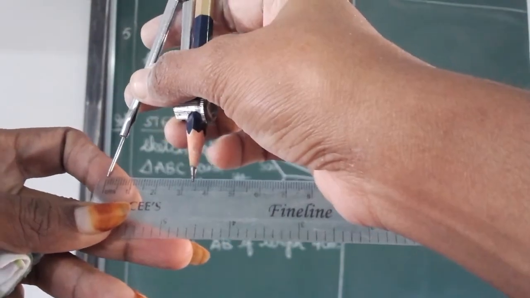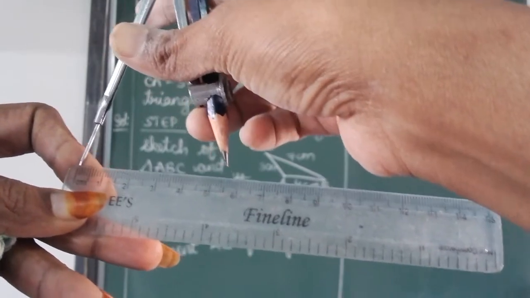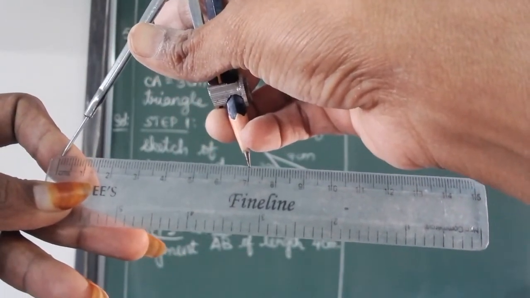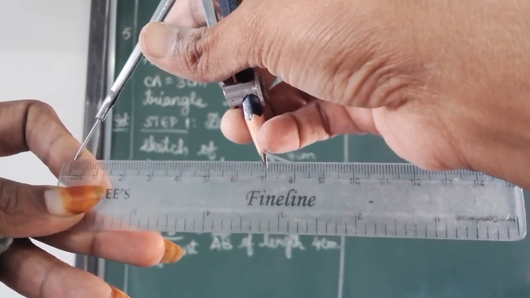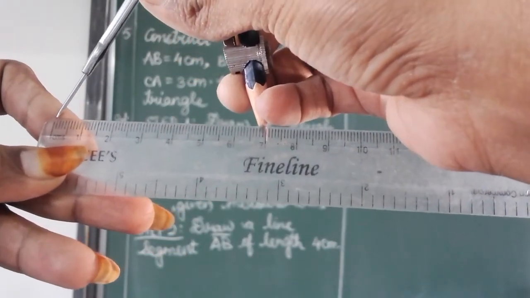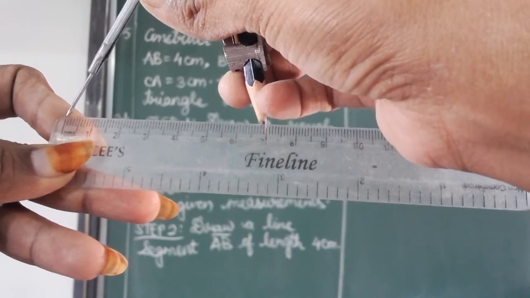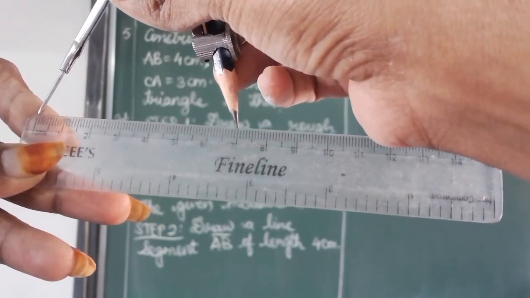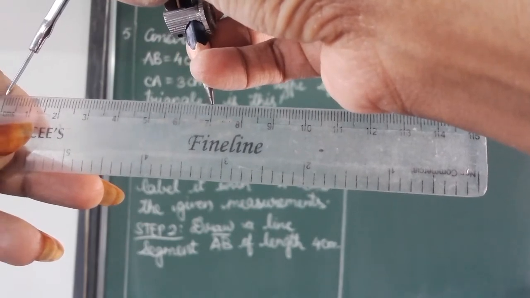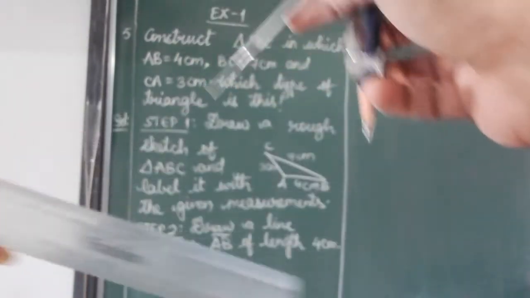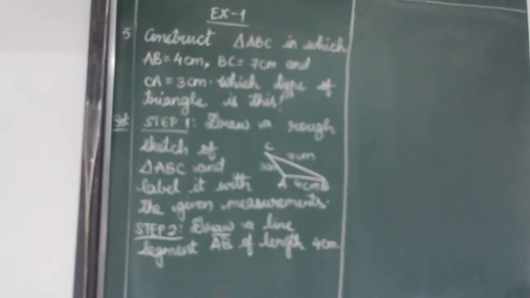So after drawing the arc, from 0 to 7, I am showing you carefully how to measure. Draw another arc to meet the previous one. So this is 7 centimeters, 0 to 7, and you need to draw the arc.